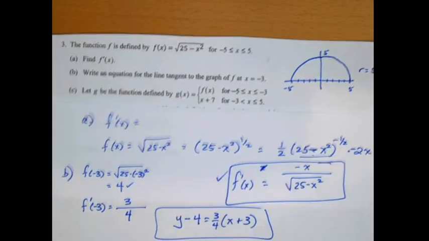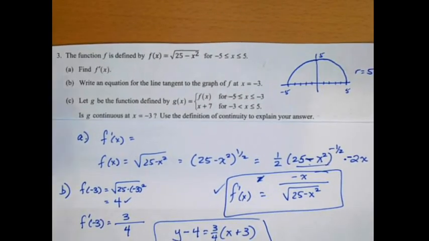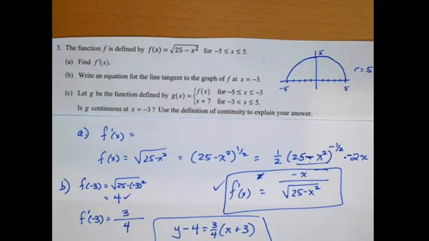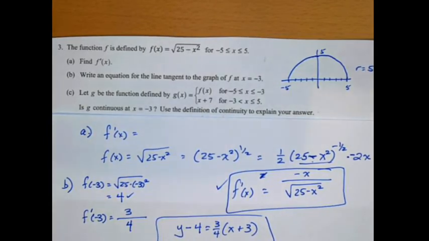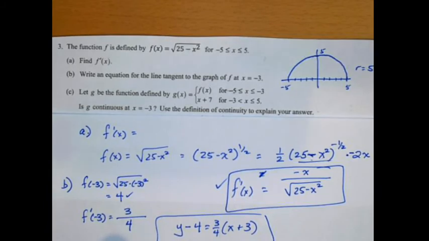Part C. All right, so we have a function that is defined by f of x from -5 to -3 and x plus 7 from -3 to 5. So basically I know what this looks like from -5 to -3. It's going to be this.